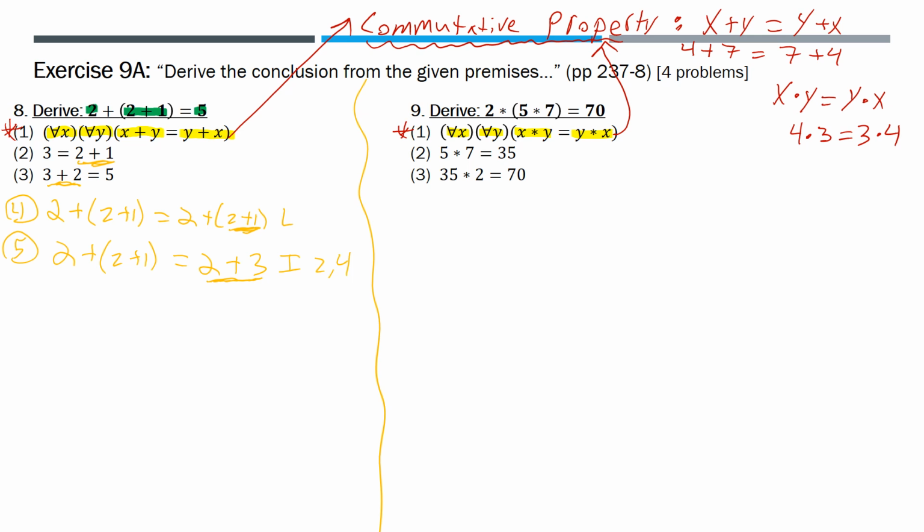We're going to have to use the commutative property, which is stated in premise 1. For line 6, we'll instantiate.